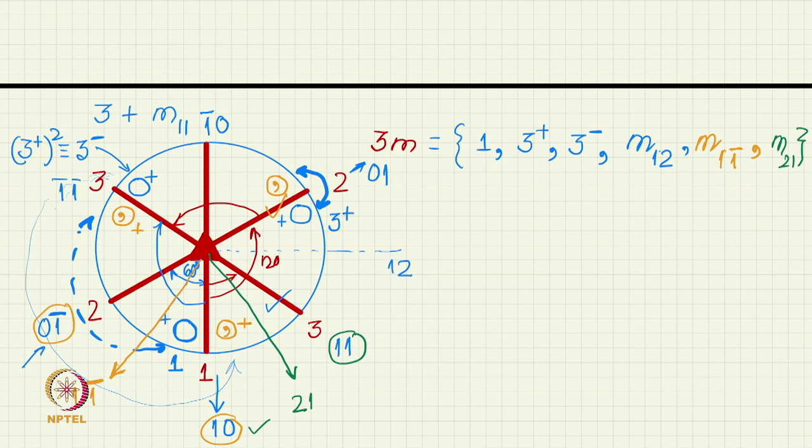Essentially, you have 3 mirrors, and these are not so difficult to work out as we have done just now, but do not worry, you have 3 mirrors and you require 3 different labels to label those mirrors. One standard practice of labeling mirrors is to label them by the direction which is normal to them, the plane normal. So, that way I have the 3 rotations and the 3 mirrors. So, the group is of order 6.